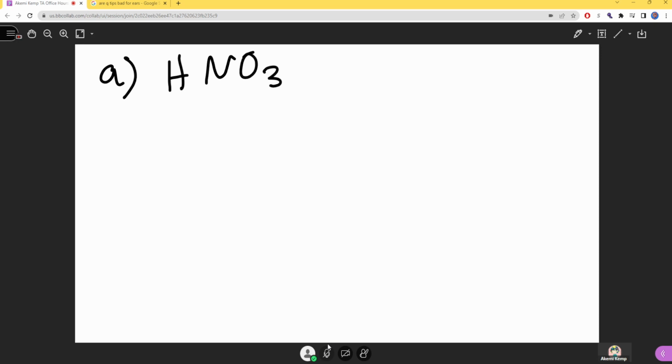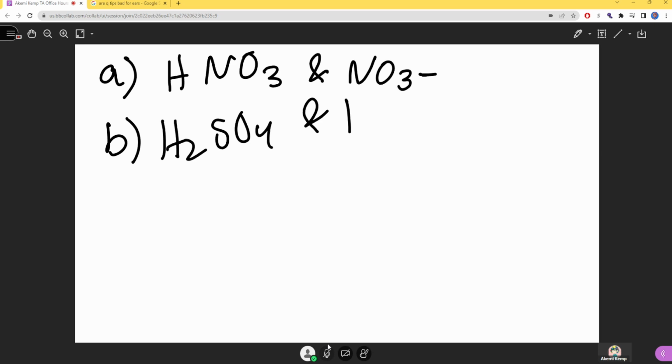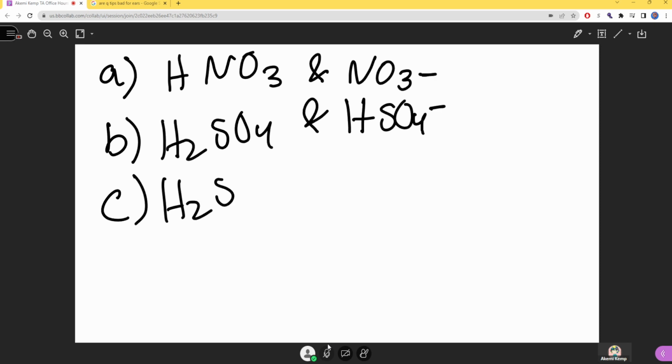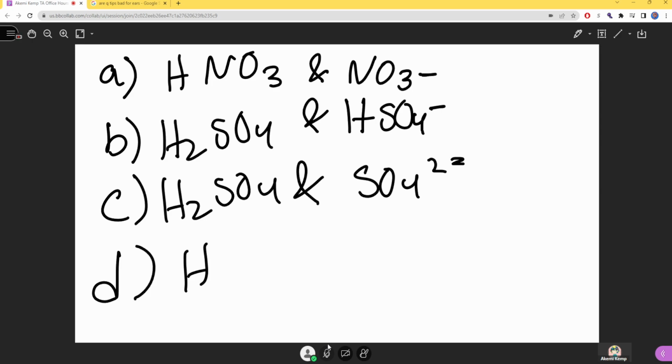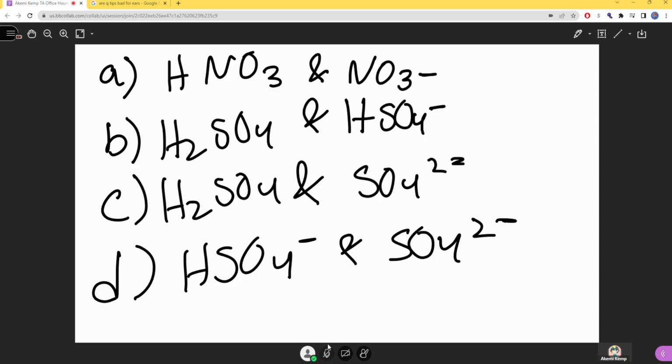We have HNO3 and NO3 minus, H2SO4 and HSO4 minus, H2SO4 and SO4 minus, and D was HSO4 minus and SO4 minus. So the answer is C, right, C.